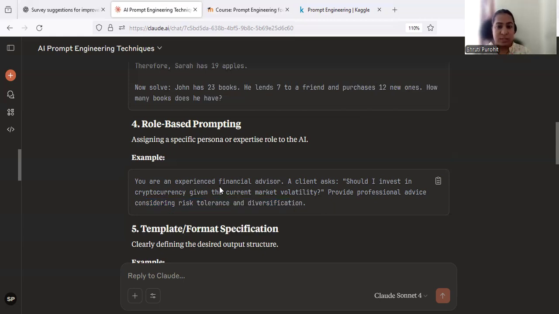So we are stating that you are a particular person, play the role of that person, and now think about our question from the role of that particular person, and then provide us the answer. This is role-based prompting.